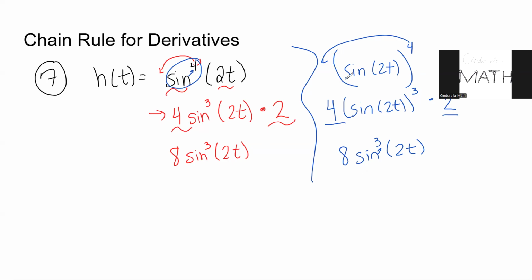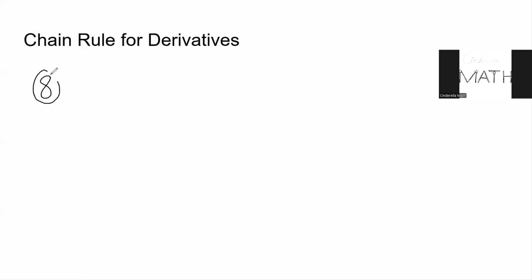Okay? All right, I have just a few more here. Find it. Okay. So this is going to combine a couple rules. I have a function, x squared sine 5x.